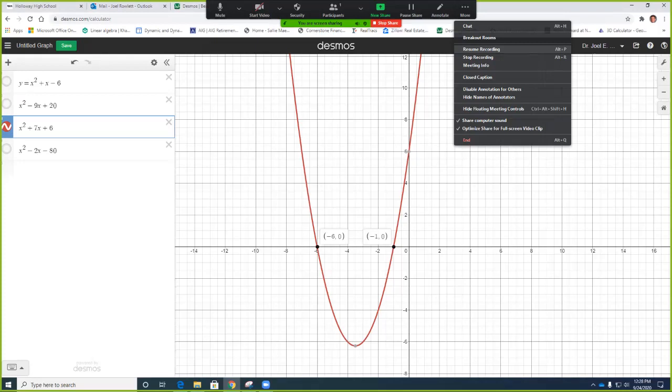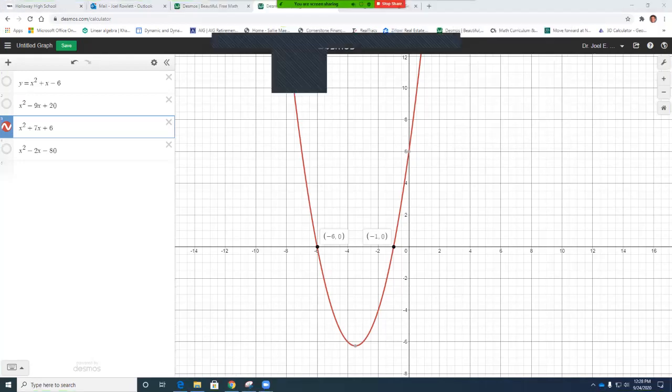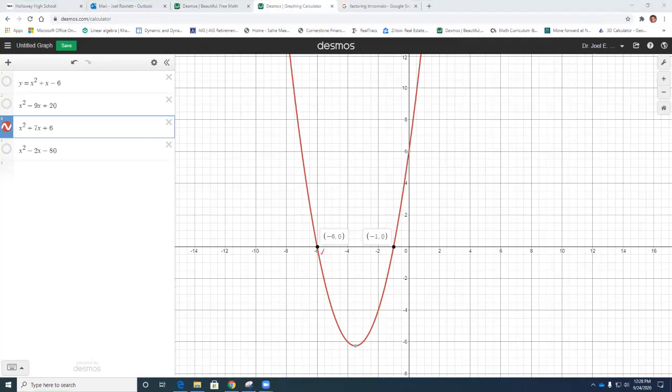Notice on this last problem here, I'm going to just look at the zeros. I know that one of the zeros is negative 6, the other zero is negative 1. And what does that tell me? Well, it means that one of the factors has to be x plus 6, right? Because if x plus 6 is a factor, then negative 6 would be a zero.